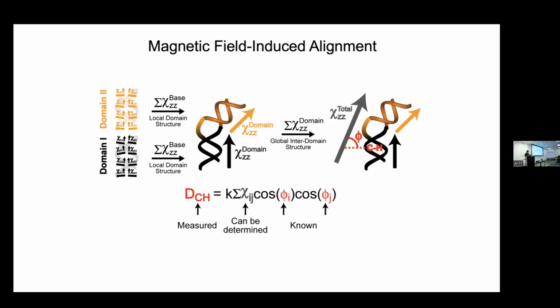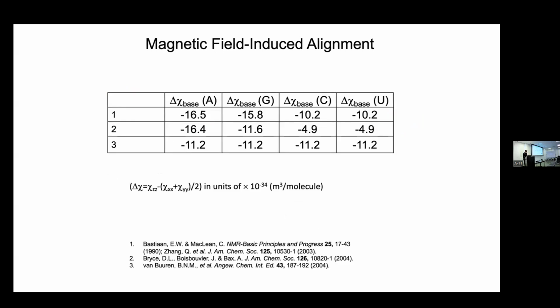You take all the tensors, they're three-dimensional, and you sum them all up across all the bases to get a macroscopic chi tensor. And that is then the operative tensor. As a result of adding up all those mini tensors, you can get a very large one. In this particular case, I'm showing you an example of two domains where each domain has its own macroscopic chi tensor. Then you sum those two up to get the macroscopic one. That's the reason why you get more alignment.